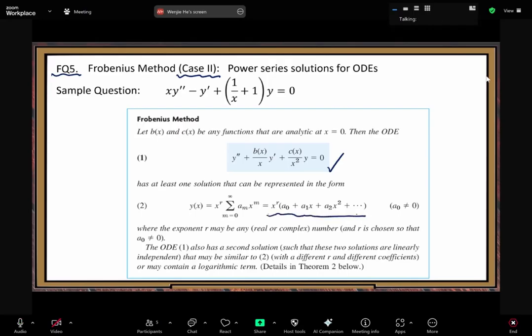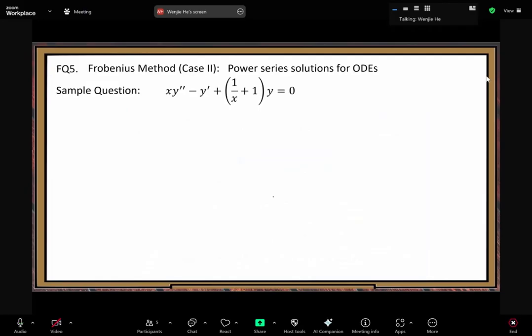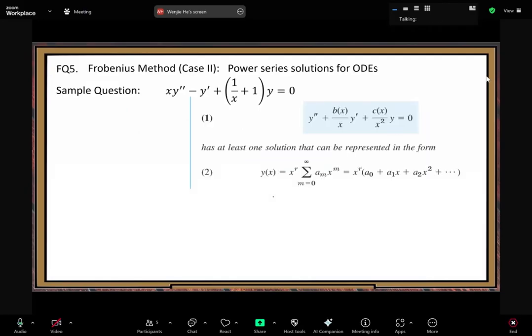But first we need to determine the appropriate R. There are 3 cases. Here, I just put the standard form.